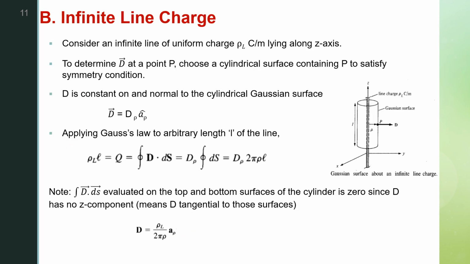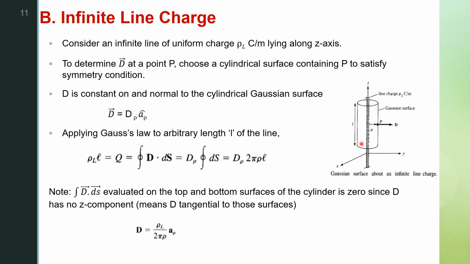Second case, Gauss's law applied to an infinite line charge. Consider an infinite line of uniform charge rho_L Coulomb per meter that lies along the z-axis. To determine the electric flux density at a point P, choose a cylindrical surface containing P to satisfy the symmetry condition.